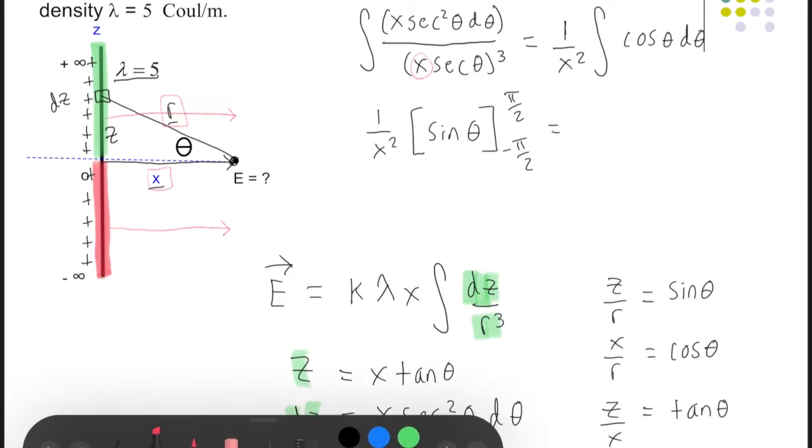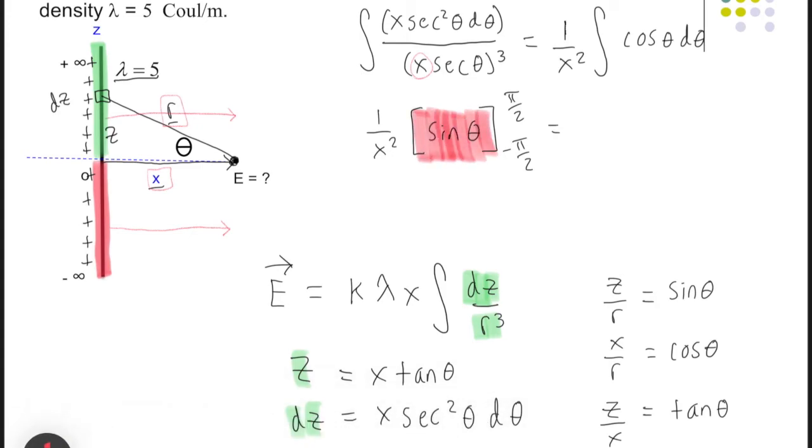And then when we multiply that by 1 over x squared, we get 2 over x squared. Okay, so now we can take this whole thing and drag it to our E field equation that we have written from earlier. Let me just clear some more space here.